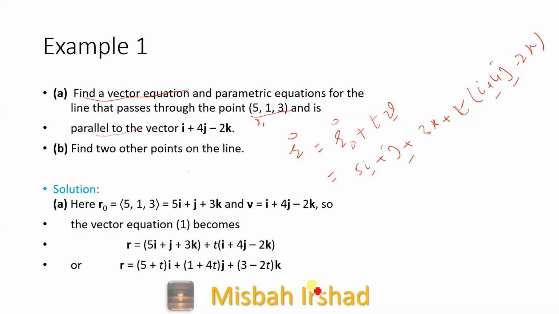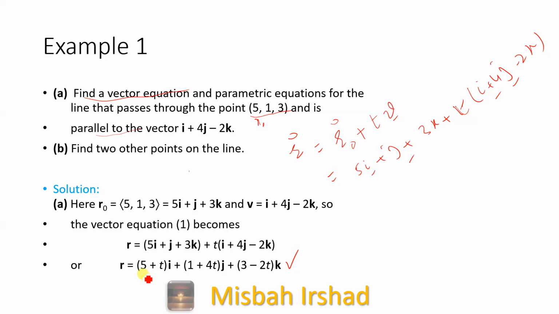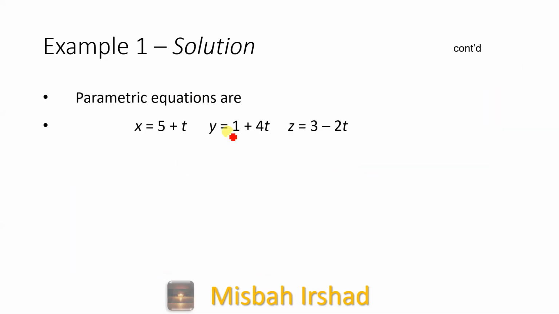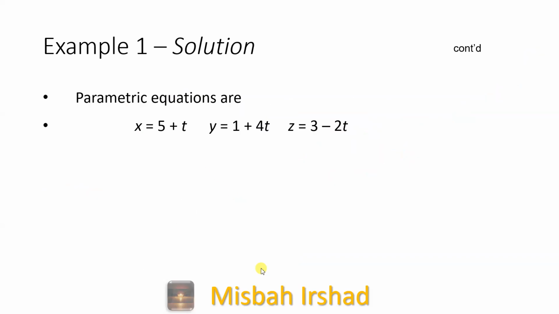After simplification, we have this equation, which is the vector equation of the line. Similarly, we can write the parametric equation of the line from these components. It means x is equal to 5 plus t, y is equal to 1 plus 4t, and z is equal to 3 minus 2t.